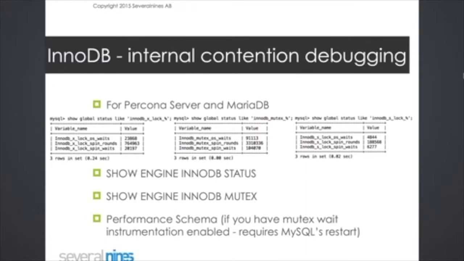There's the SHOW ENGINE INNODB MUTEX command, which gives us the list of the waits in the system. And then there's the performance schema. In 5.6, performance schema is enabled by default. But to have the MUTEX wait instrumentation enabled, you have to restart MySQL, because by default it is disabled because of the additional overhead that it provides.